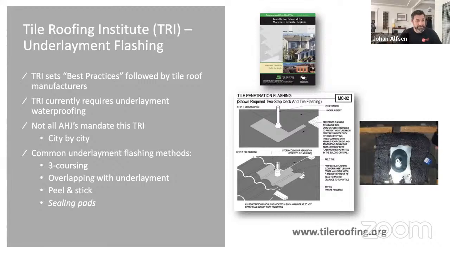So this is not regulated in all jurisdictions. It's usually regionally based, and it's only city by city, jurisdiction by jurisdiction. So every installer knows when they are required to do double flashing. Some installers do it across the board because they want to sell that quality to the homeowner, saying that they're doing double flashing.